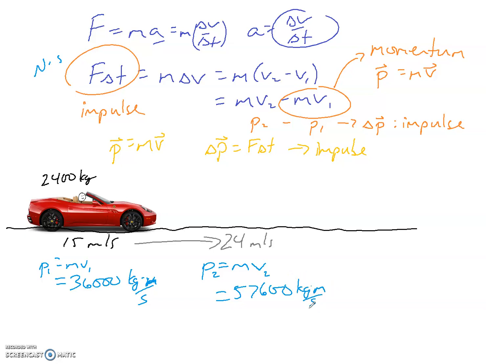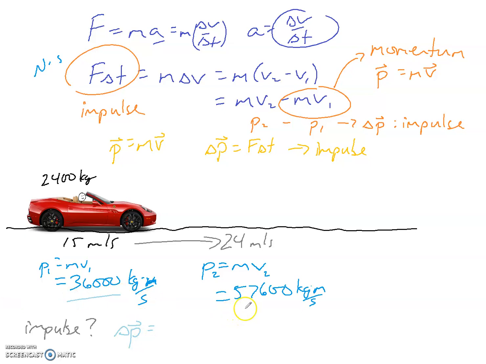What if I wanted to find the impulse? Well, impulse is just change in momentum. That's all it is. So all I need to know is how much it changed by.